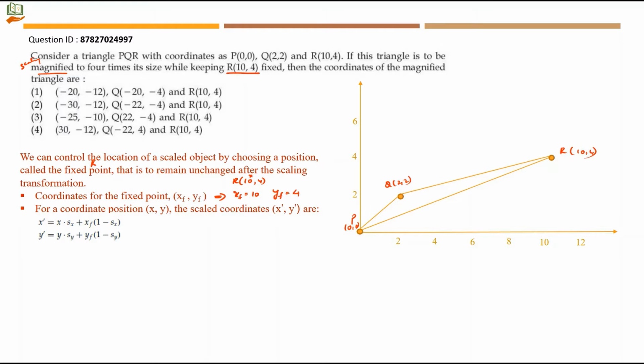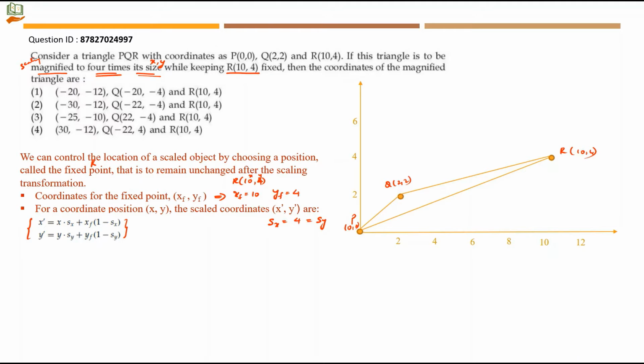For a coordinate position (x, y), the scaled coordinates (x', y') are given by the following formula. So here the value of Sx will be 4 because it is magnified to 4 times. Similarly, this will be the value for Sy also. So x is magnified to 4 times and y is also magnified to 4 times because it is magnified to 4 times its size. It means the change will be applicable to the x-axis as well as the y-axis.